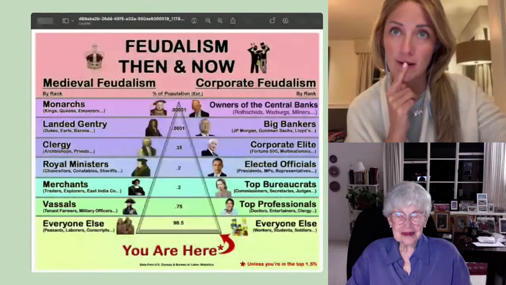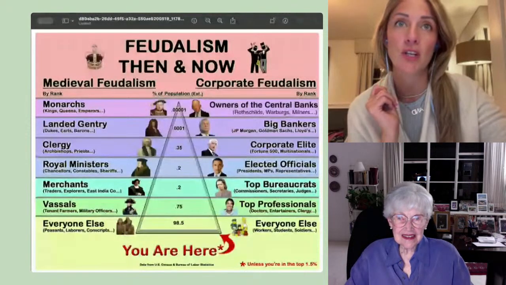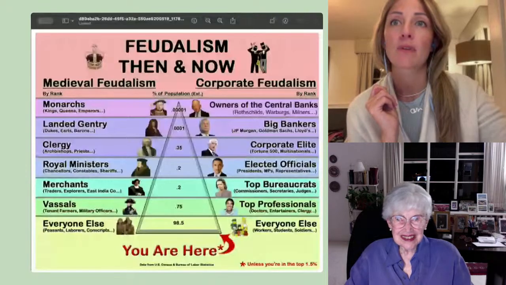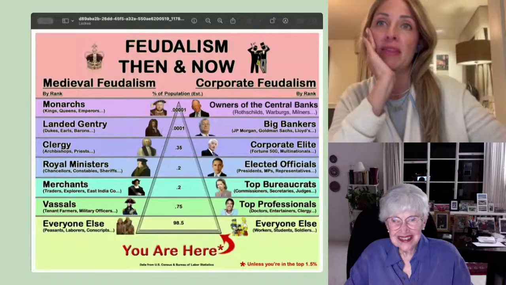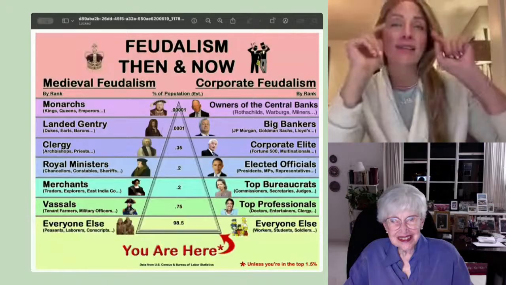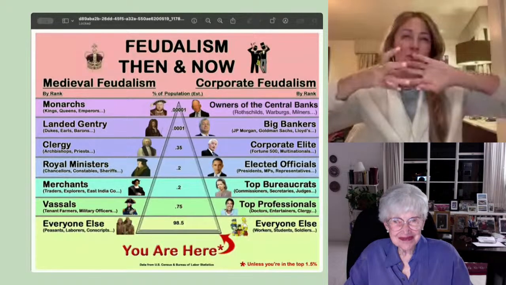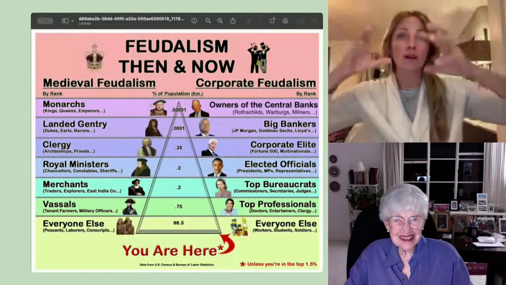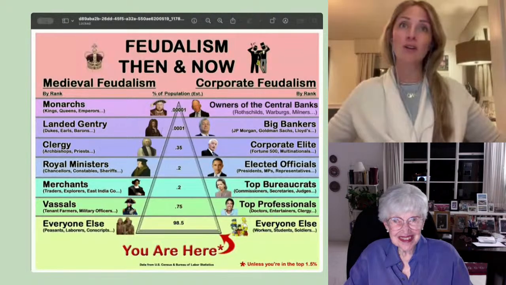Here it is again. What I thought was interesting was that the clergy theoretically had more power, or has the same power as the corporate elites do today. And to me, that makes so much sense, because clergy were the ones writing all the stories that we now have based entire currencies off of.